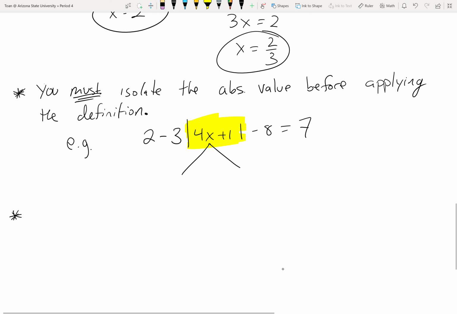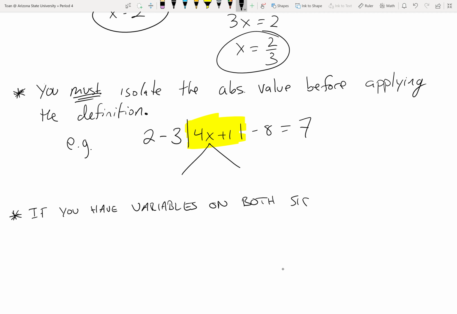However, if you have variables on both sides of the equation, and here's another must statement, you must check your answers.